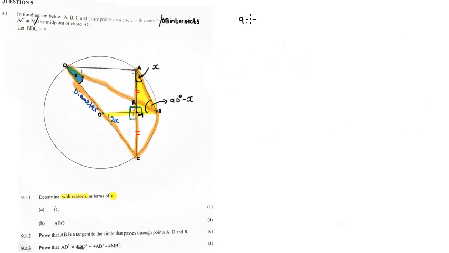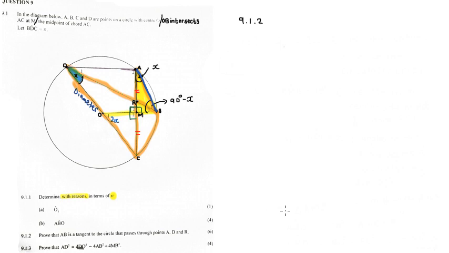Right, so now moving on to question 9.1.2. It says, prove that AB is a tangent to the circle that passes through the points A, D, and R. So there's A over there, there's D, and there's R. If AB is going to be a tangent to a circle passing through these three given points, then it's because of two different conditions.